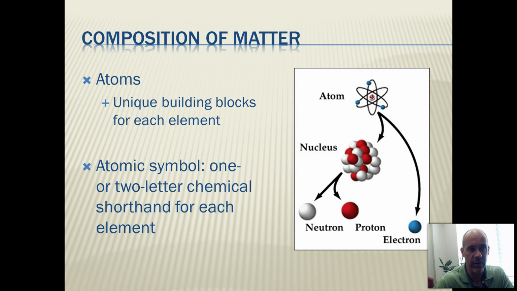It would still have the chemical and physical properties of the element gold. That smallest individual particle or building block of an element is called an atom. So you can have a single atom of carbon, a single atom of oxygen, a single atom of nitrogen, etc.